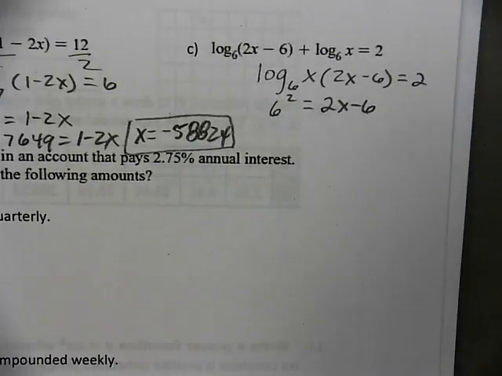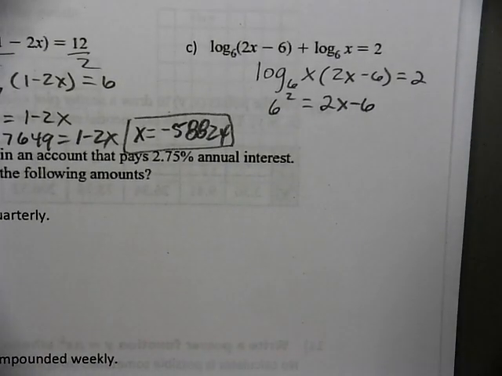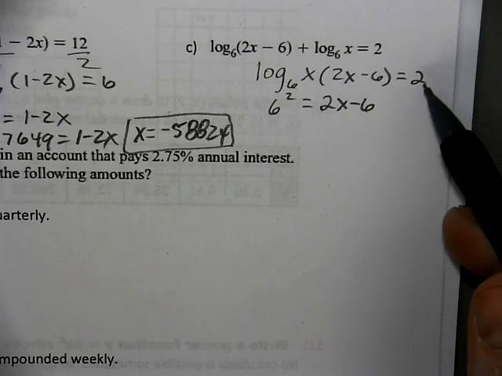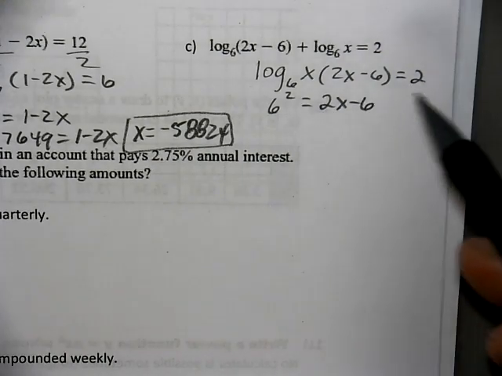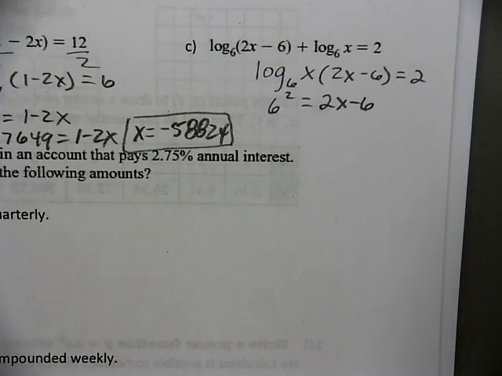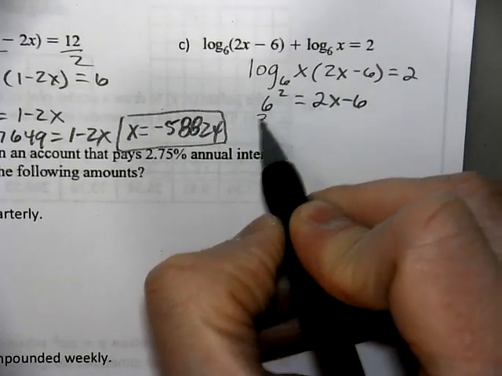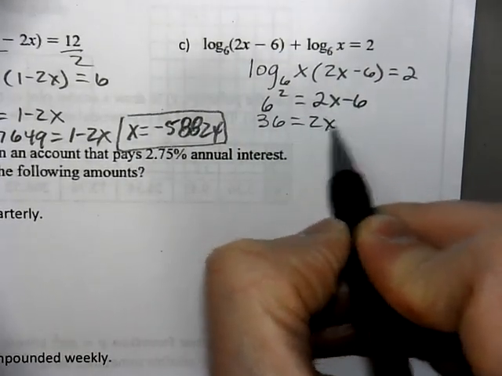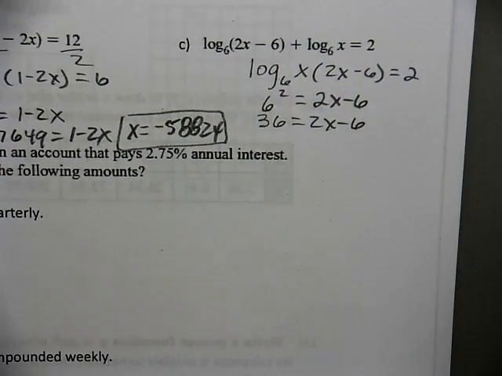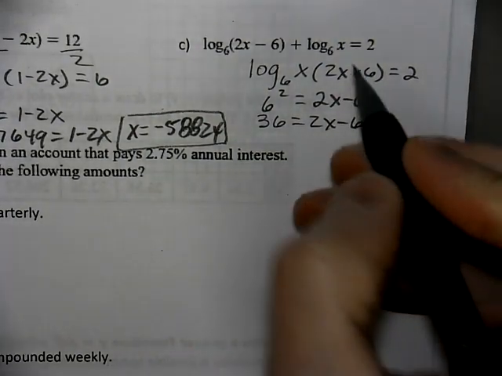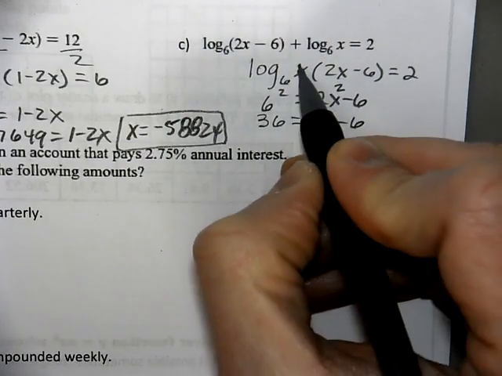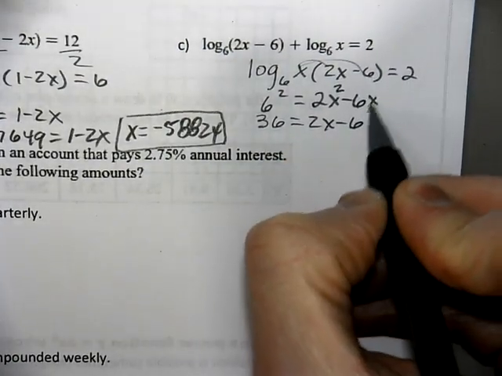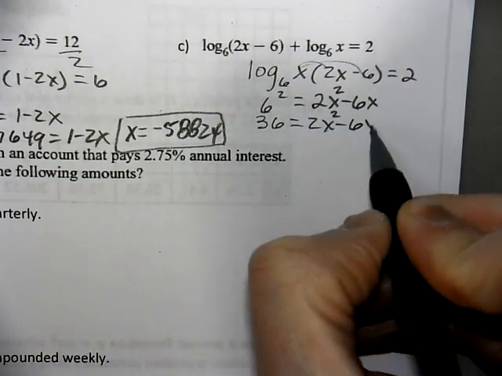Remember, the logarithm equals a number, and if it's not a variable, then we don't need the logarithm anymore. We can get rid of the logarithm by writing it in exponential form. So this is 36. This is actually going to come out to be 2x squared, minus 6x.